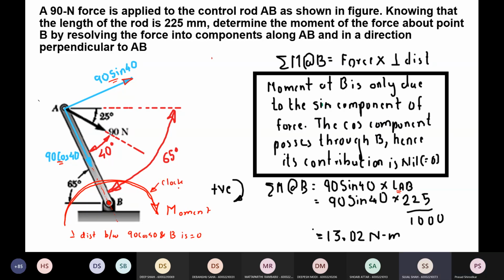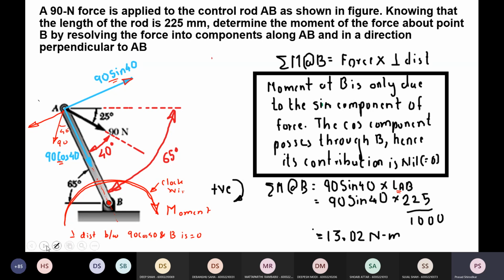Sir, if the 90 Newton force is on the opposite side of the rod, it will be negative, no? Say this is 40 degrees. Then 90 cos 40 will be along the rod, and the sine component will be in the opposite direction.